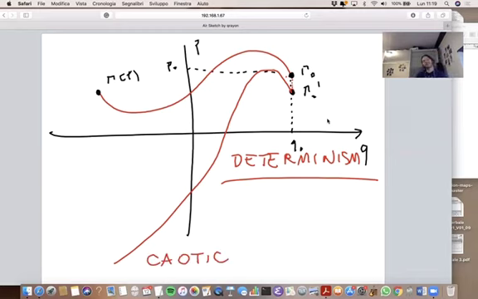And the exponent that tells you how fast they diverge is called the Lyapunov exponent. I'm not going to go into that. It's not material for this course. But this is precisely the reason why you can never trust weather forecasts beyond just a few days, because all the data, no matter how accurate, provide the initial condition of your clouds and pressure and the dynamical systems equation, but there is always an error.